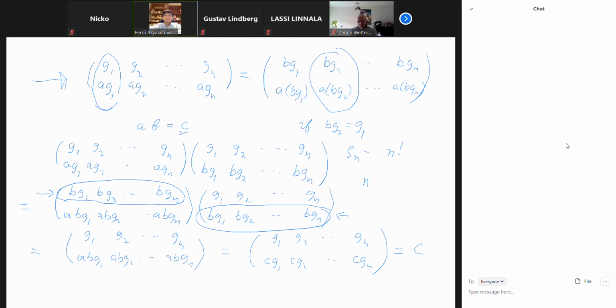So this is a subgroup of the permutation group Sn. This is Cayley's theorem. It shows that any finite group is a subgroup of the, or rather, is isomorphic to a subgroup of the permutation group.